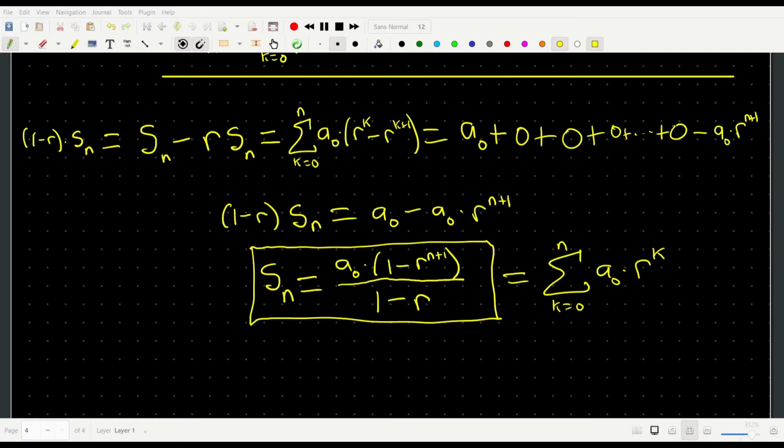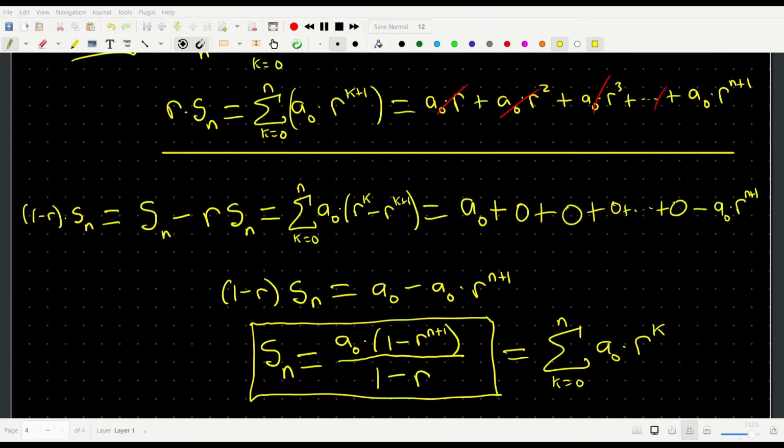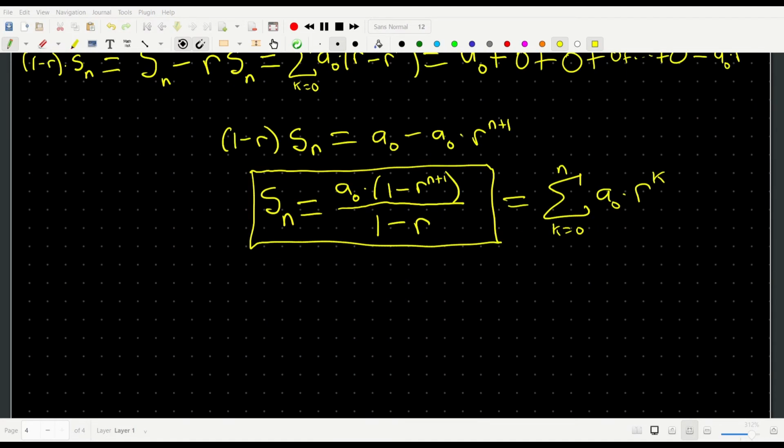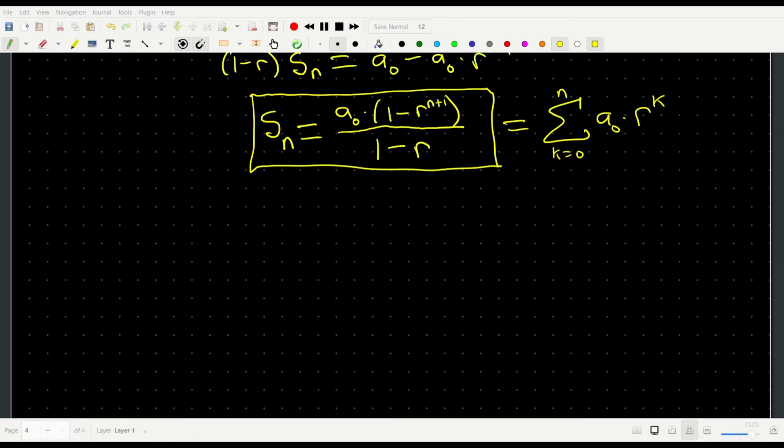So this is part 1 of our proof, where we're trying to show that the infinite geometric series converges when the absolute value of r is strictly less than 1. For part 2, we have to use the definition of infinite series that we gave at the very beginning of the lecture.